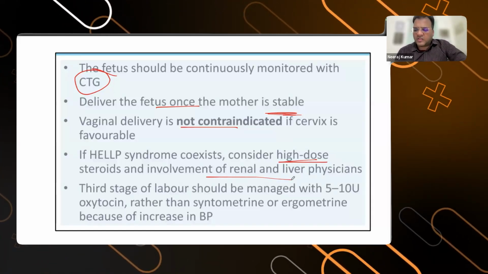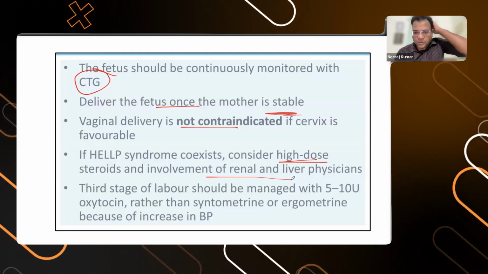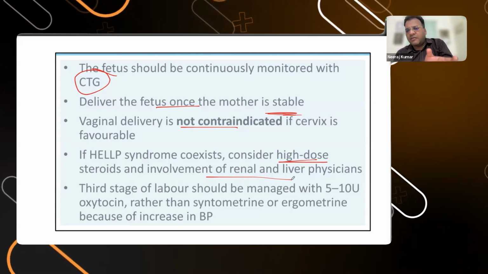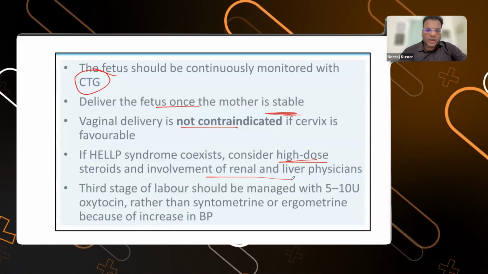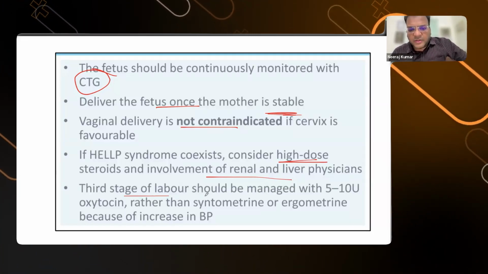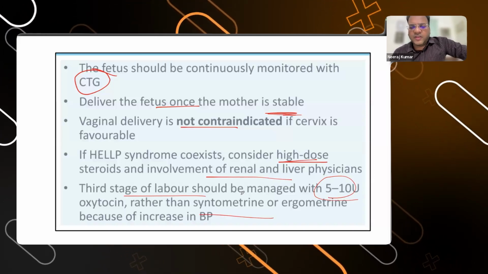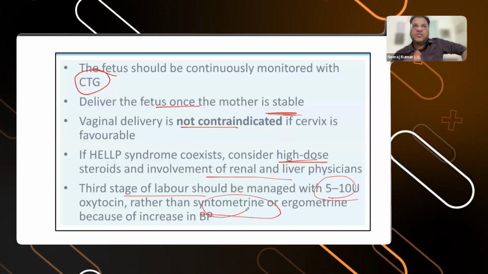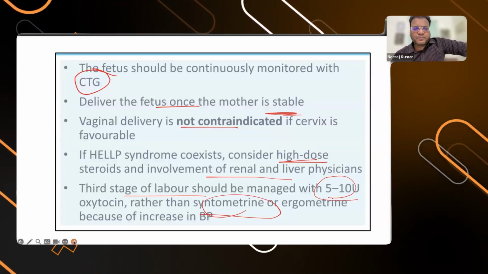It's a case-to-case variation, but many times it doesn't say that you have to go with a high dose of steroid. But if HELLP syndrome along with some involvement of renal or liver problems is there, then you can go with this. In the third stage of labor, it should be managed with 5 to 10 units of oxytocin rather than using syntometrine or ergometrine, because ultimately it will increase the blood pressure in this patient and lead to a poorer or unfavorable outcome.